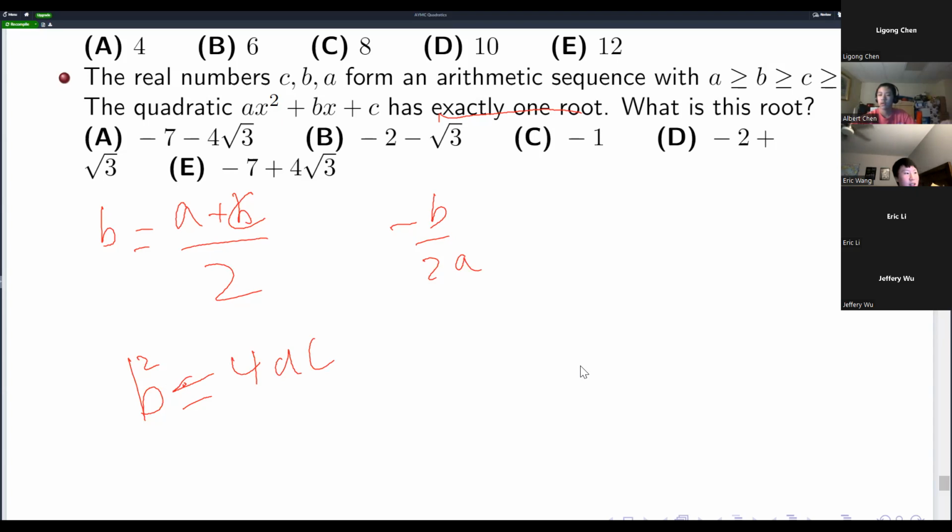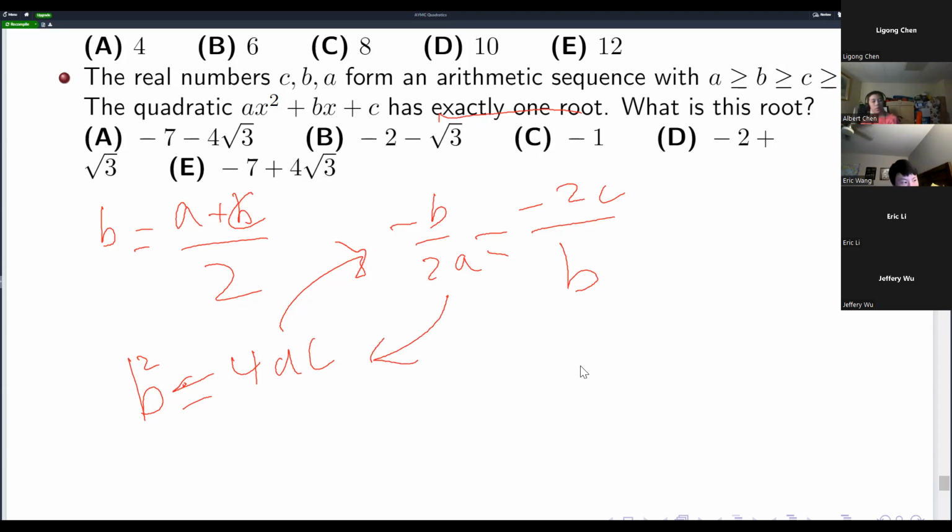If you use substitution into negative b over 2a, you get that negative b over 2a equals negative 2c over b, which is basically the same thing in a different form.